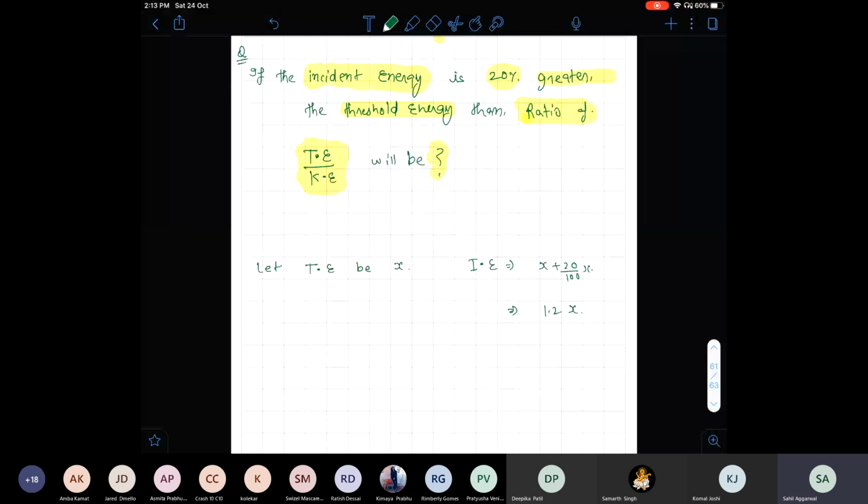Understood? If threshold energy is X, incident energy will be 1.2X.